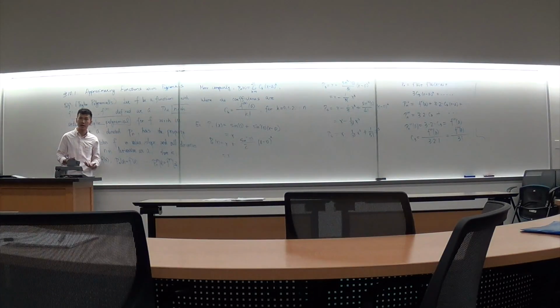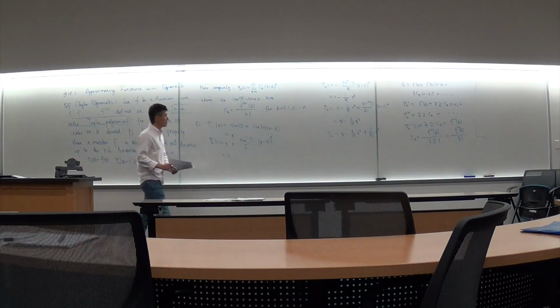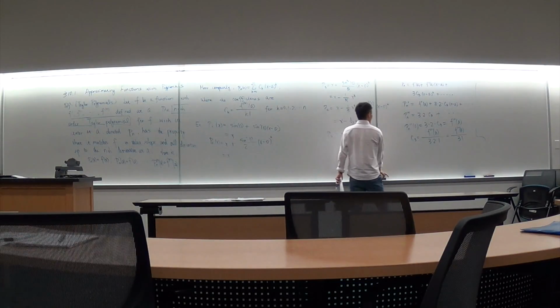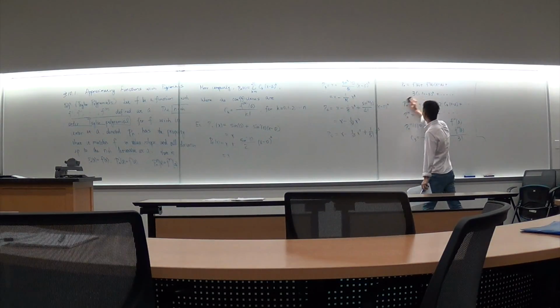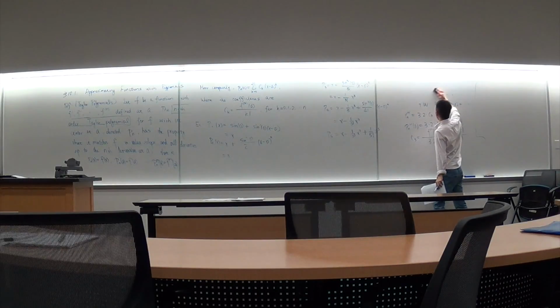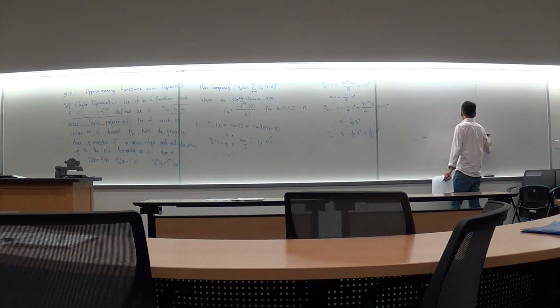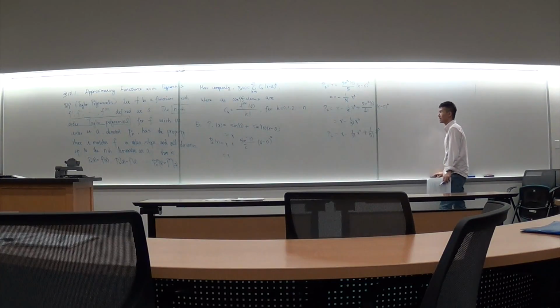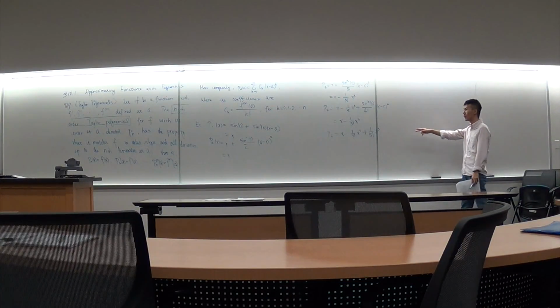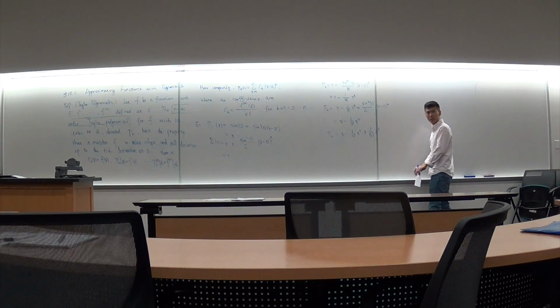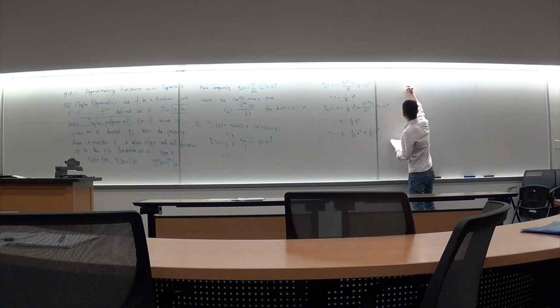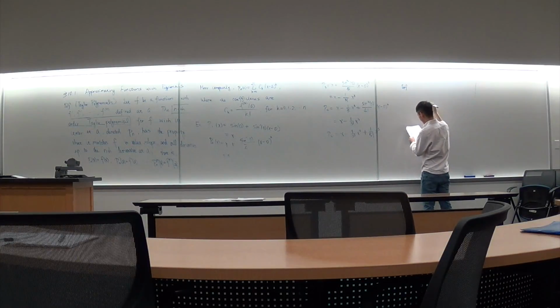So how good are the approximations? Now we're going to define a new term, which is called the remainder for the Taylor polynomial. The remainder is simply the difference between this polynomial function and the original function.